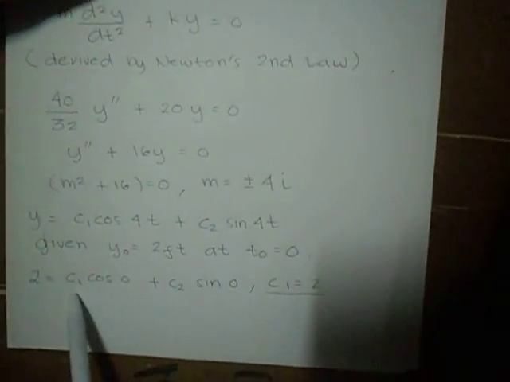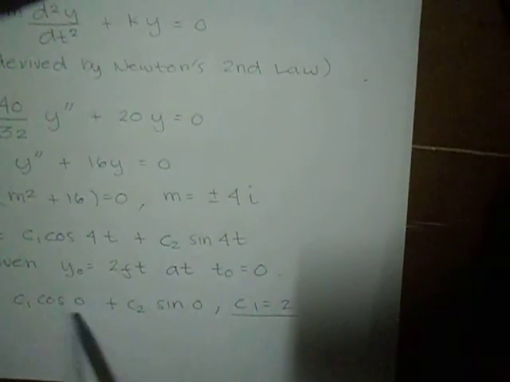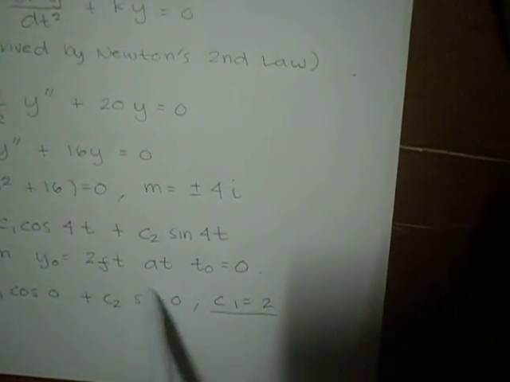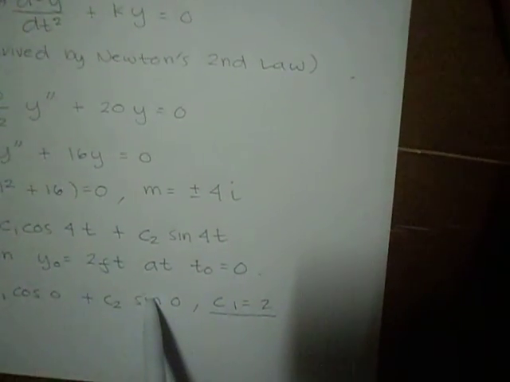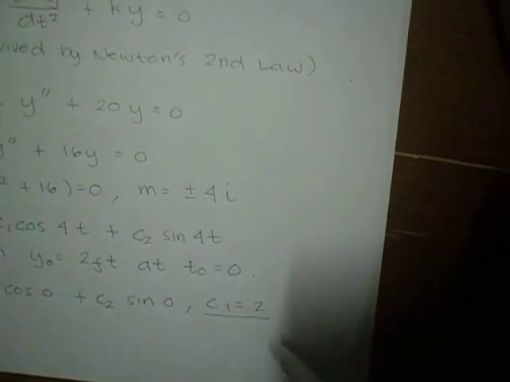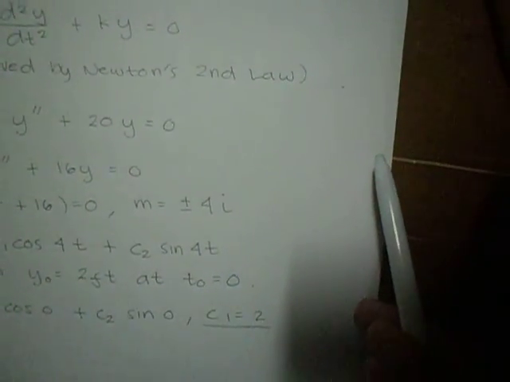So 2 is equal to c1 cosine 0, which is just c1, plus c2 sine 0, which is 0. So this will give you the value of c1, which is equal to 2.